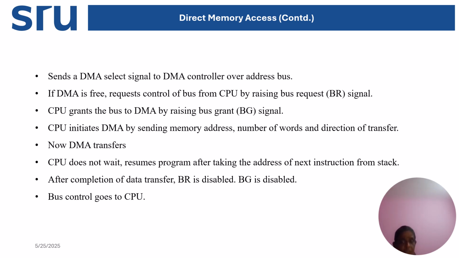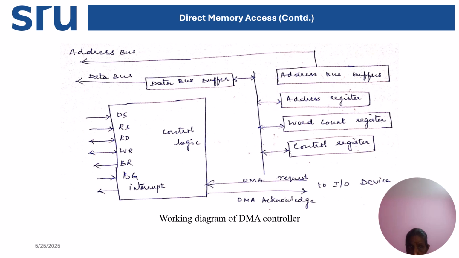So it will take that address and come back to the main program. After completion of the data transfer, the bus request is disabled because no more bus is required for this DMA. The bus grant is also disabled. Bus control goes to the CPU. Now all the buses are under the CPU's control.